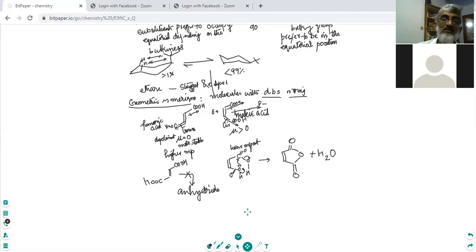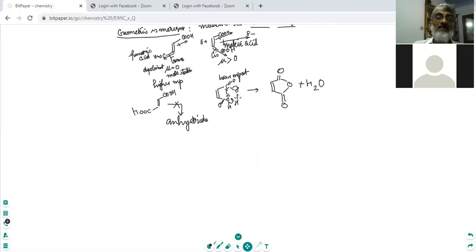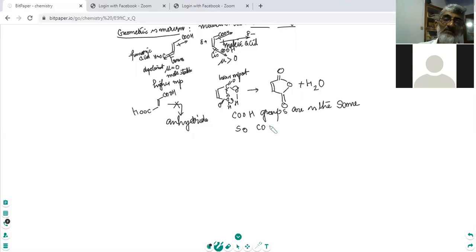Okay. Now, maleic acid can form an anhydride easily because the COOH groups are on the same side, and so they can come together to form a bond.